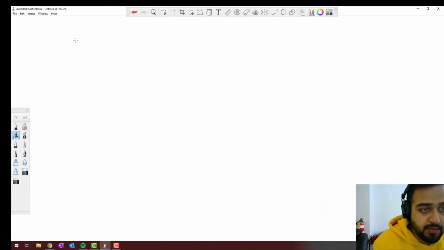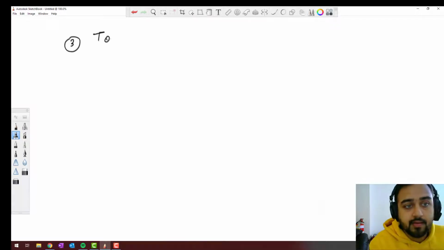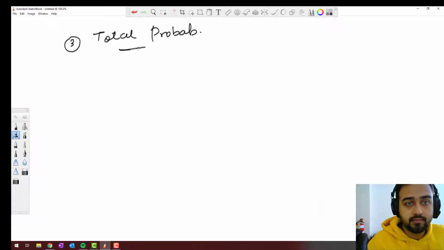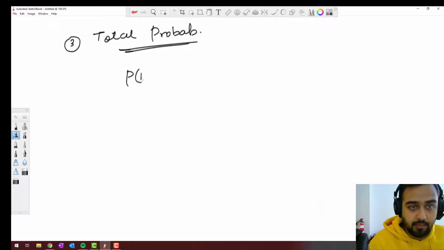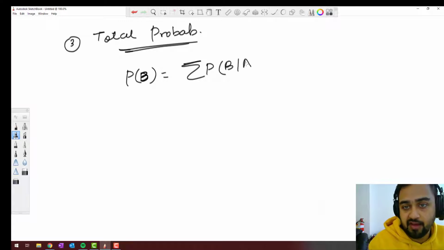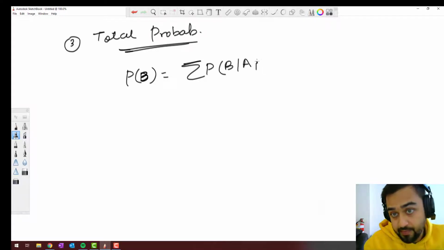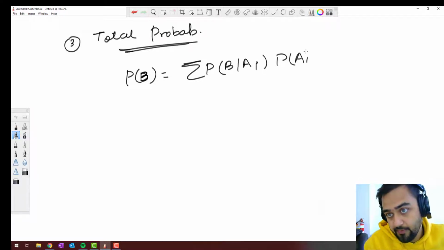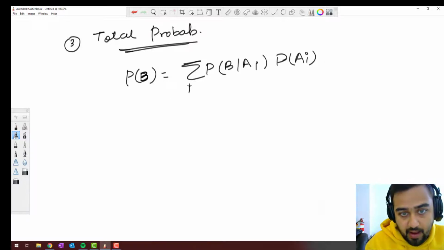Now, total probability says that P of B is equal to the sum of P(B given A_i) into the prior probability of A_i, where i goes from 1 to n, right?